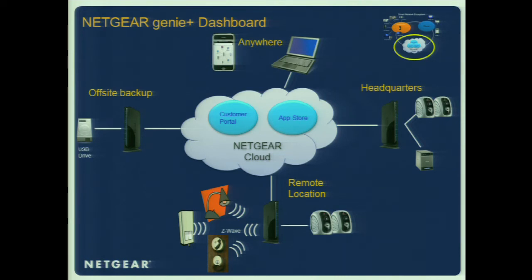And then you have an offsite backup in this example. This platform, with the NETGEAR platform and an application built to support these different use cases, can actually tie all these together. One simple interface that enables you to get access to all of these different homes or business locations and access all the different devices with them, access the data within them, and control basically all these things in one place.